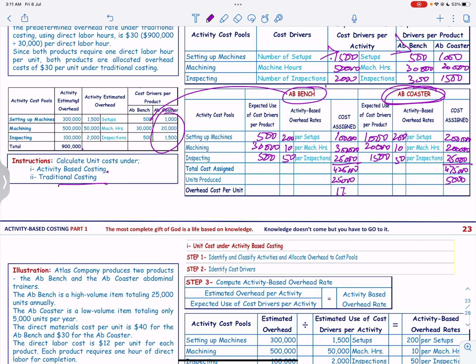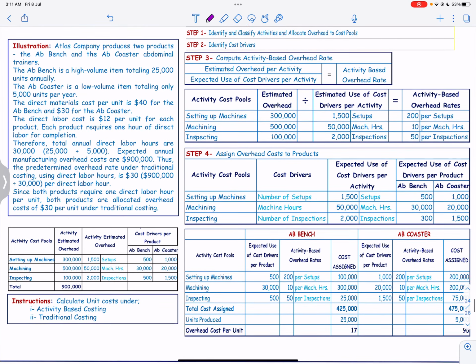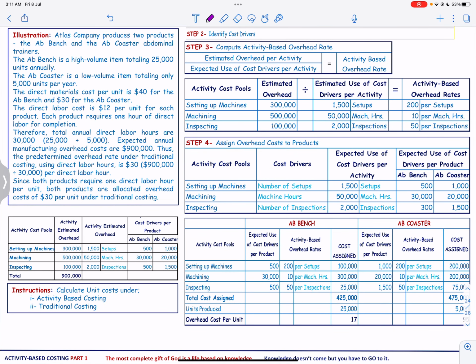So the unit rate will be 95 for each product for app coaster. So the overhead cost per unit for app coaster will be 95. It has been again put in an Excel sheet for your convenience.